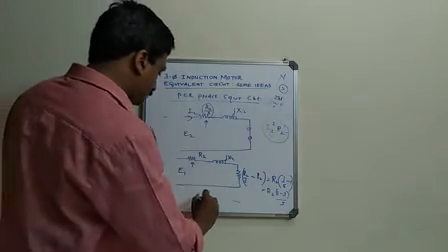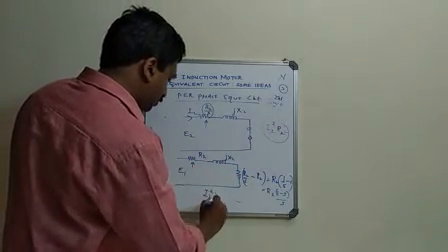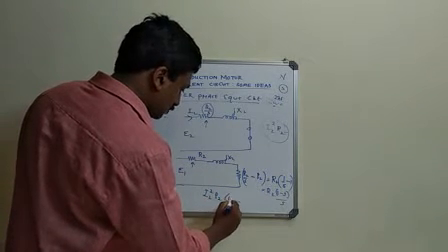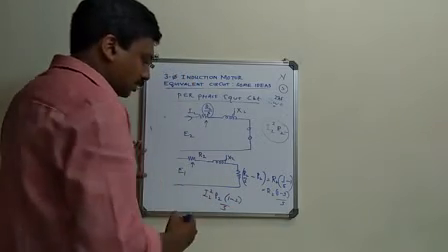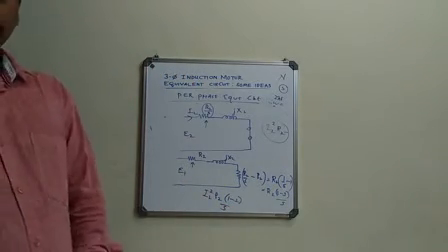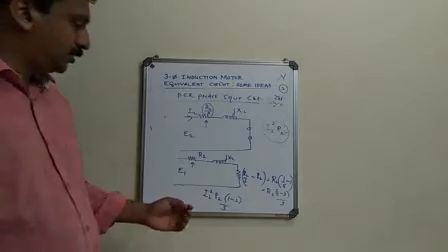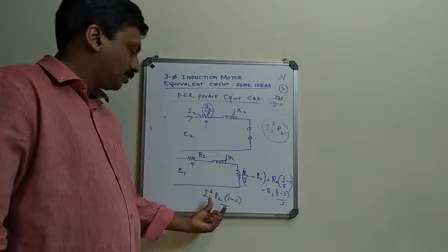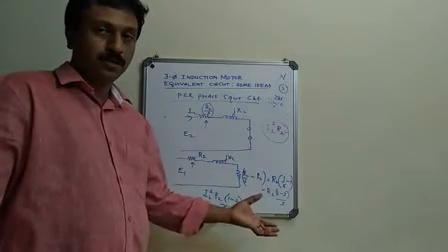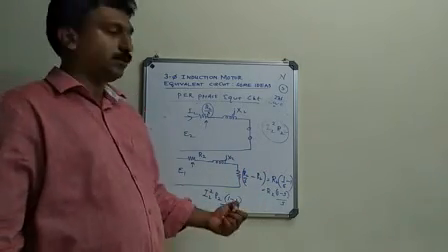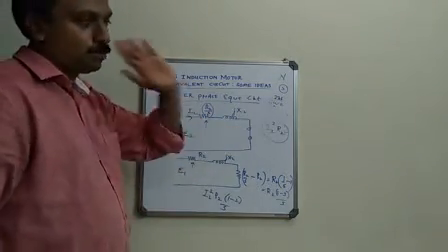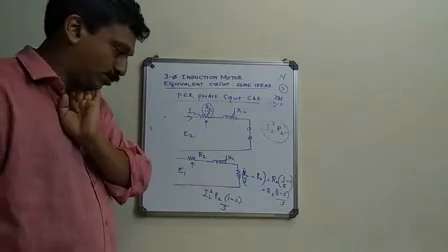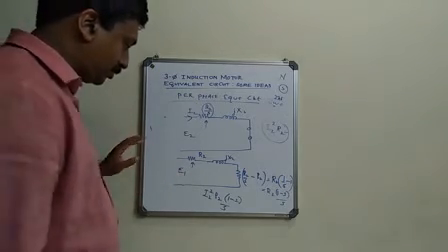So you can say that I2 square R2 into 1 minus S by S represents the power, the total mechanical power that is generated, whereas I2 square R2 is the copper loss.